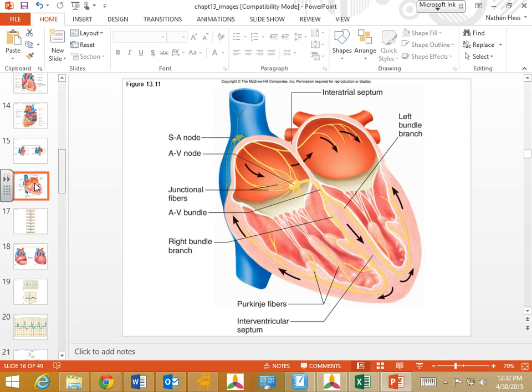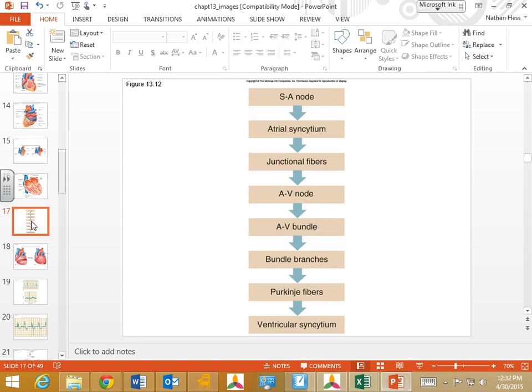It kind of gets the signals strengthened again, and it sends it out through those AV bundle branches, and then it splits, right? Goes down the center of the ventricles and comes around, wraps around into these bundle branches and the Purkinje fibers.